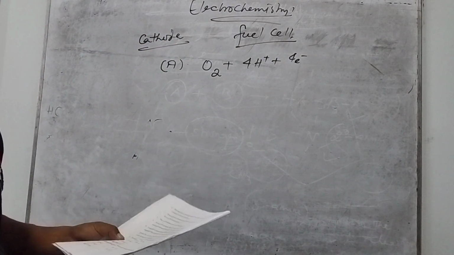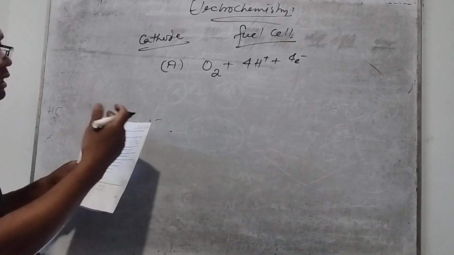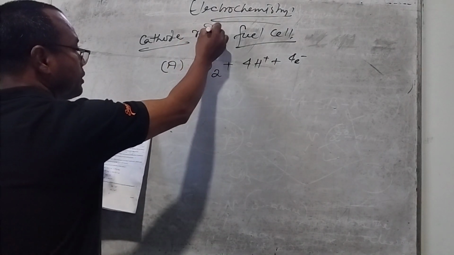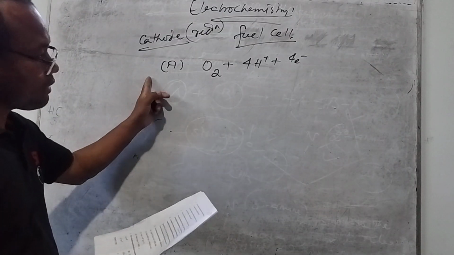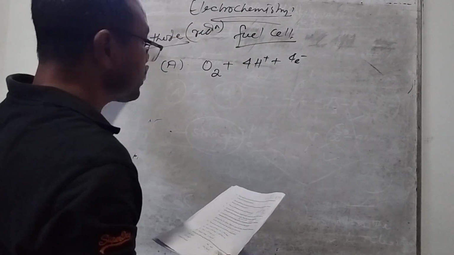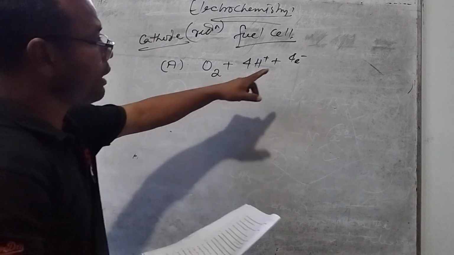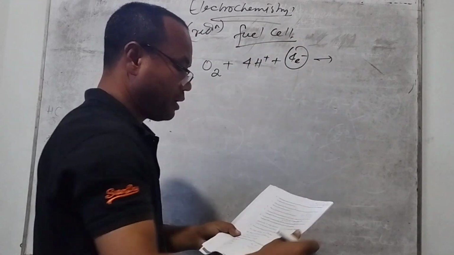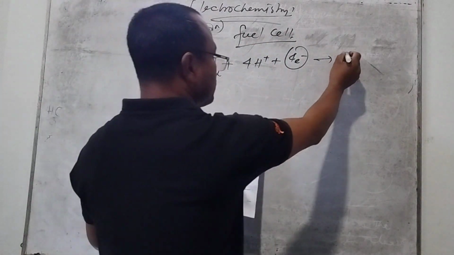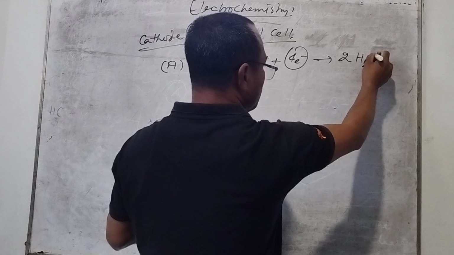So at the cathode, it's very easy to understand that there will be the reduction reaction. So reduction takes place at the cathode, right? Reduction means addition of electrons. So here is the addition of electrons. What is the product here? 2H2O.